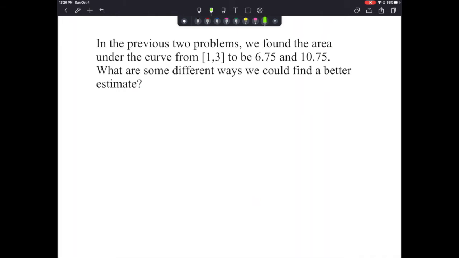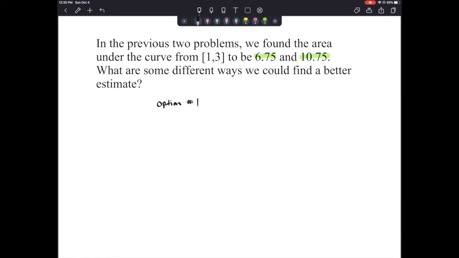So in our previous problems, we found that our areas were 6.75 and 10.75. What are some different ways we could find a better estimate? Well, there's a couple options that come to mind. We call this option number 1.